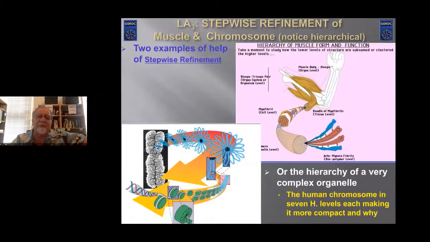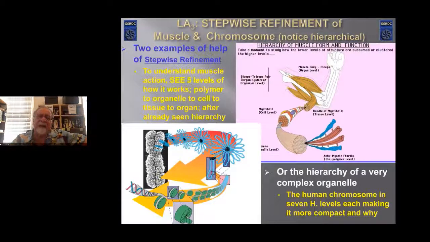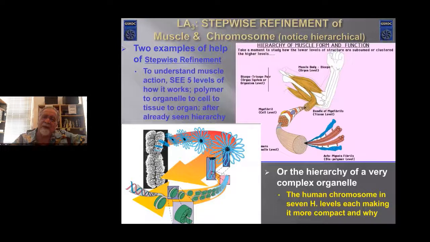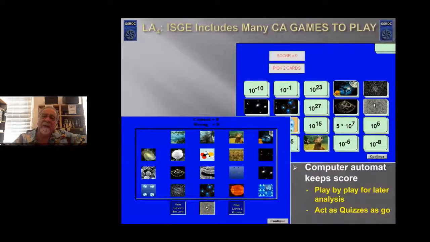I already explained the breaking down of the hierarchy of muscle and the hierarchy of chromosomes to help understand organelles in the cell and organs in the body. So I won't go through them. But we had another thing called games. Two examples here: the top right is a mahjong game for learning log sizes.